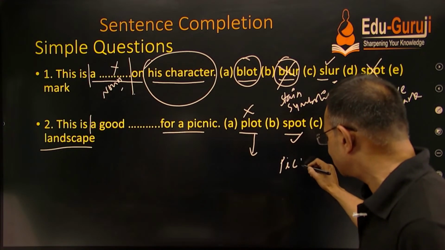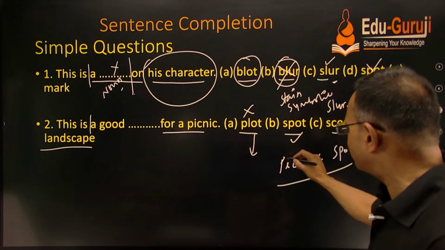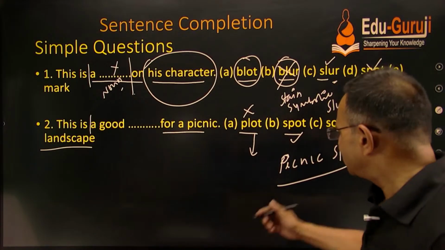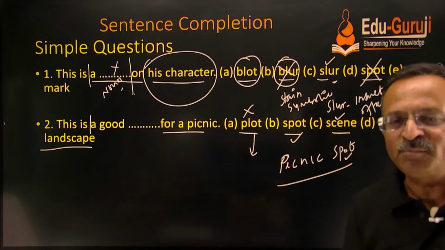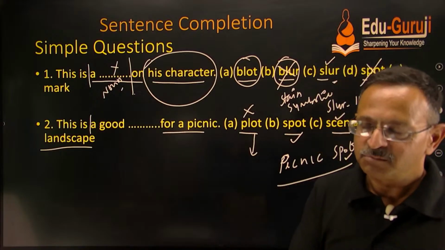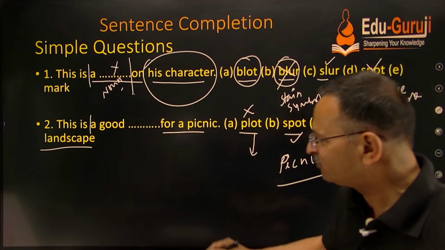You must have heard this always, picnic spot. So this is more or less a collocational word. So we can say this is correct. Of course, scene cannot come because a scene would obviously be in a movie or something like that, and landscape is a sort of view.